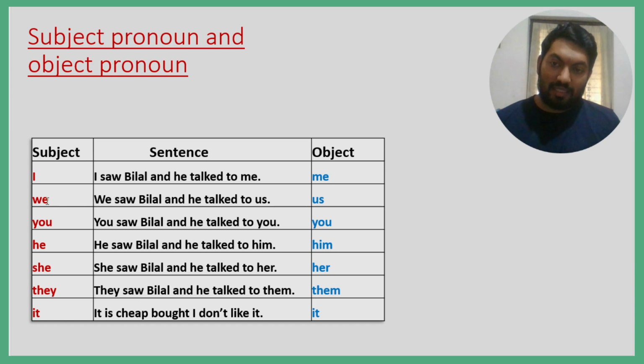So here the subject pronoun is we, and if we use it in object position, it will be us. And so on. You saw Bilal and he talked to you. You and you. He saw Bilal, he talked to him. He, him. She saw Bilal and he talked to her. She, her. They saw Bilal and he talked to them. They, them.